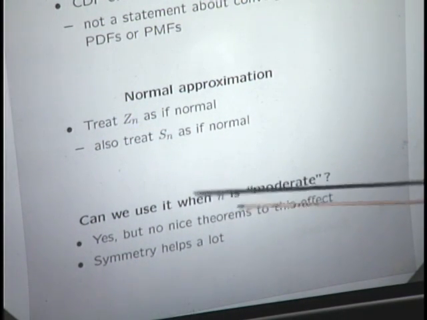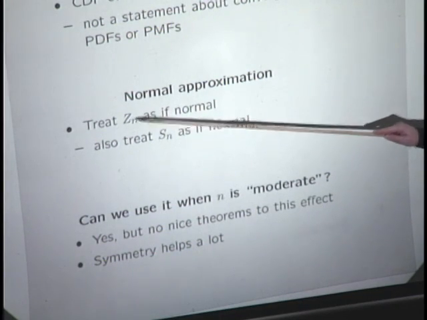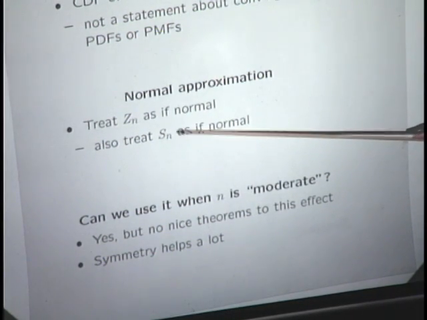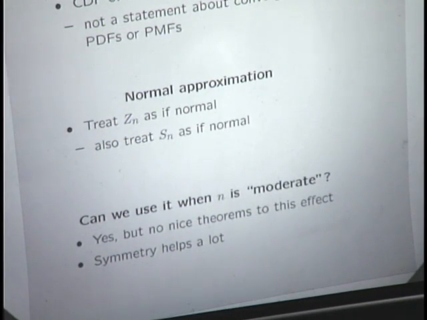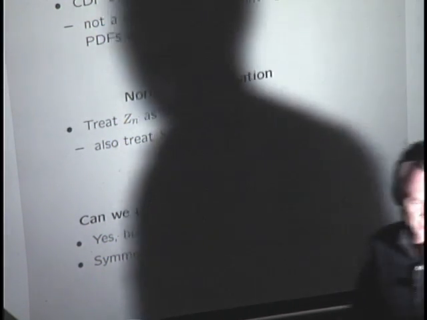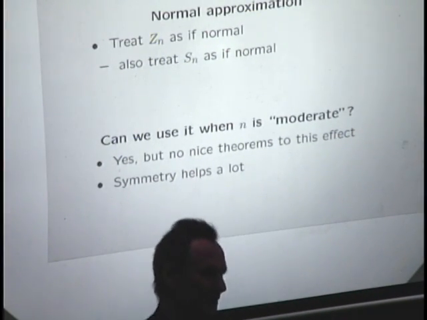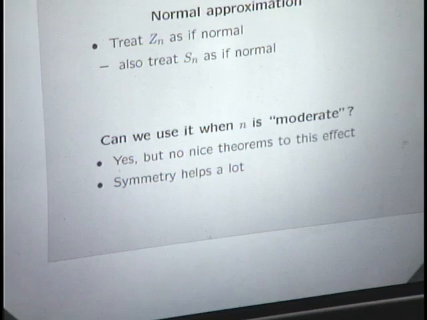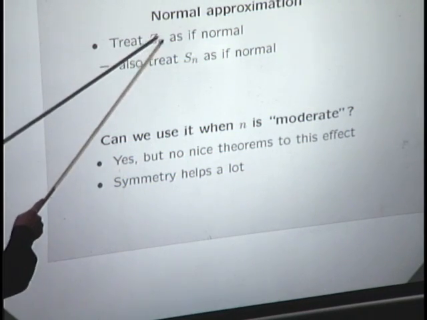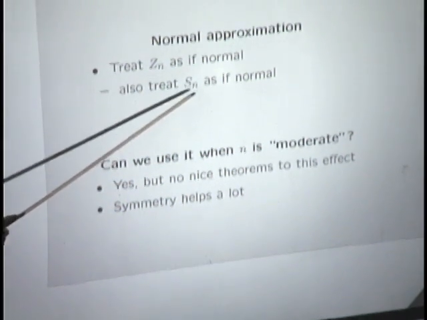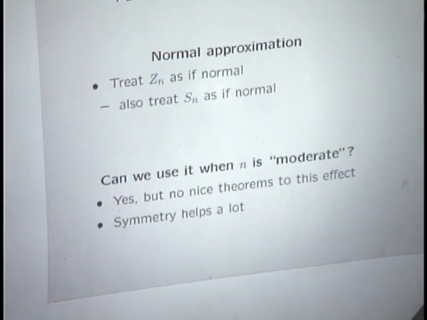So if I pretend that Zn is normal, it's essentially the same as pretending that Sn is normal. And so we can calculate probabilities that have to do with Sn as if Sn were normal. Now, the central limit theorem does not tell us that Sn is approximately normal. The formal statement is about Zn, but practically speaking, when you use the result, you can just pretend that Sn is normal.